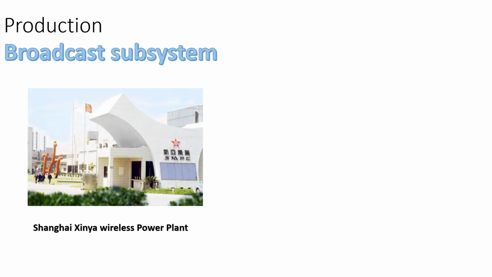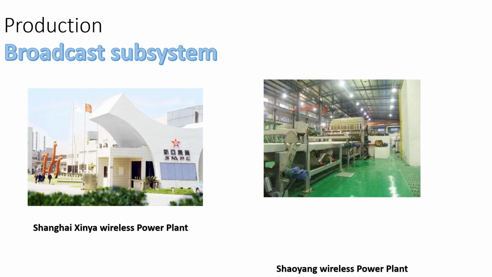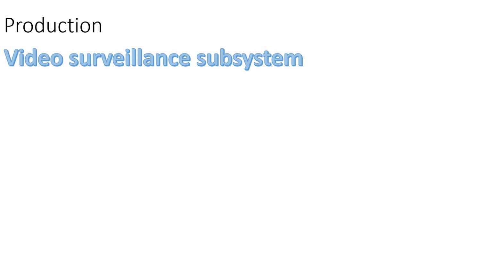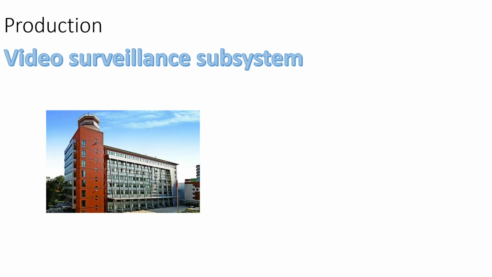So they are from the Shanghai Xingya Wireless Power Plant and the Shaoyang Wireless Power Plant. And the next one is the video surveillance subsystem. The station dispatcher can choose all stations to line directly in the center into the image before the video image signal in transmission to the control center using video compression or reuse.